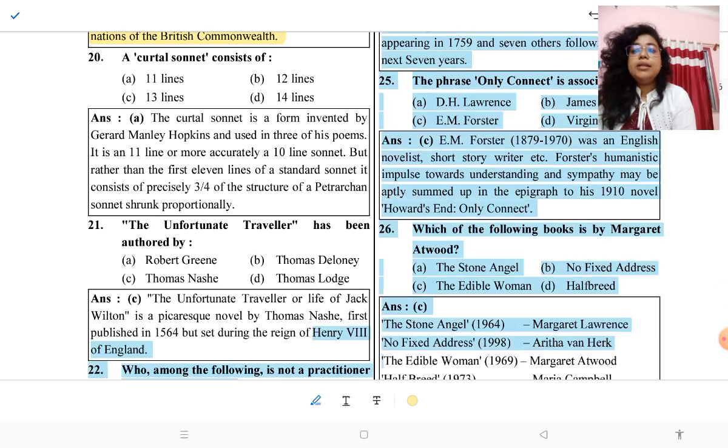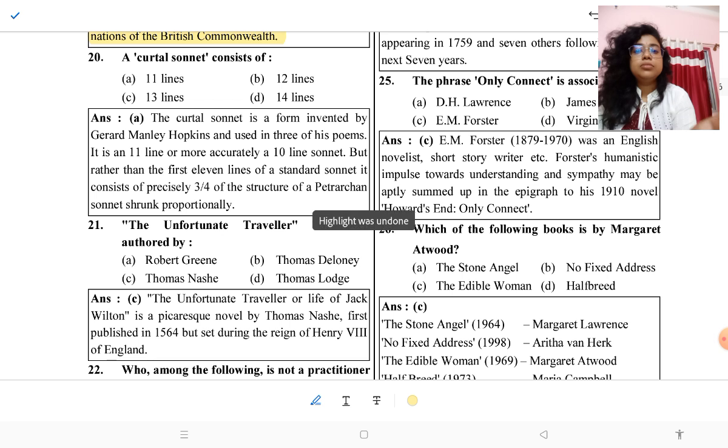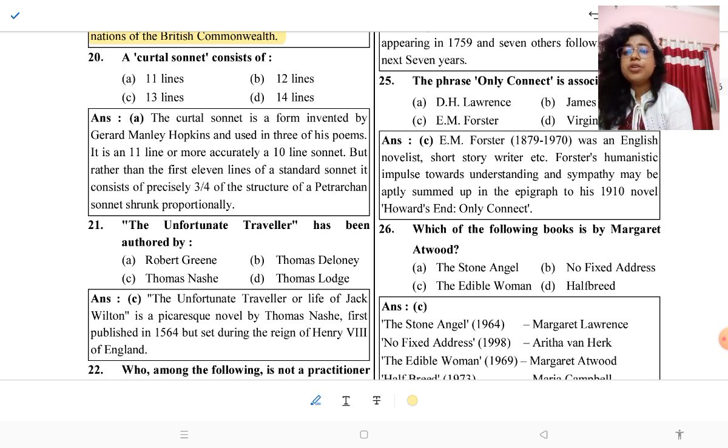Then the Curtal sonnet consists of 11 lines. So this question maybe I did 4 or 5 times.